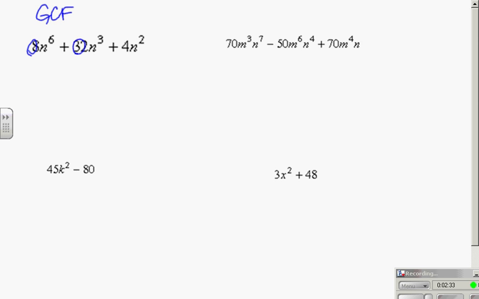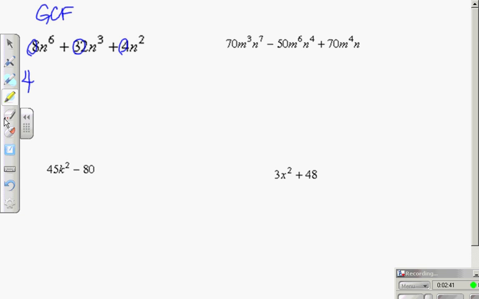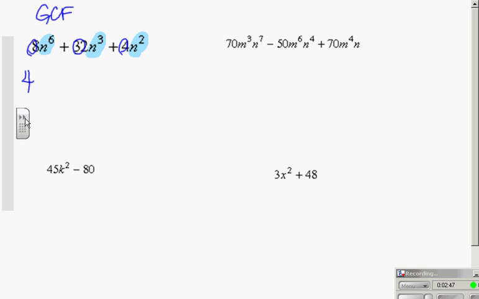Now it's very easy to see that 8, 32, and 4 all have a common factor of 4. But what might be newer to you is that 6 n to the 6th, n to the 3rd, and n to the 2nd all have a common factor of n squared.